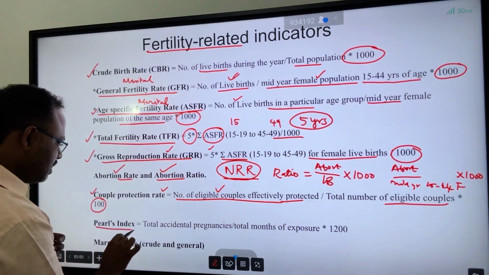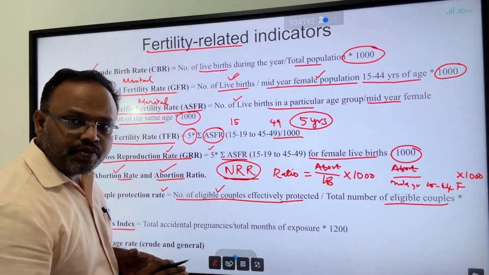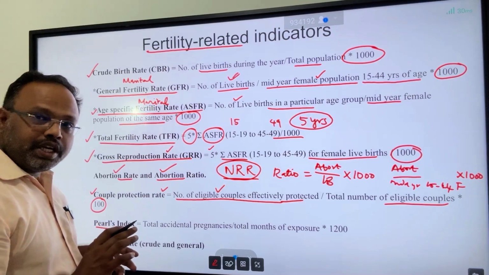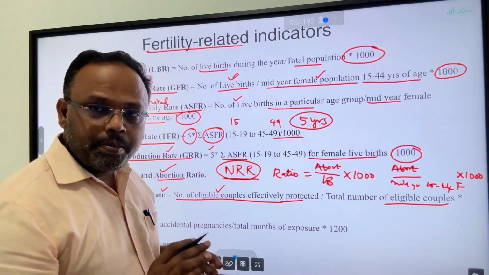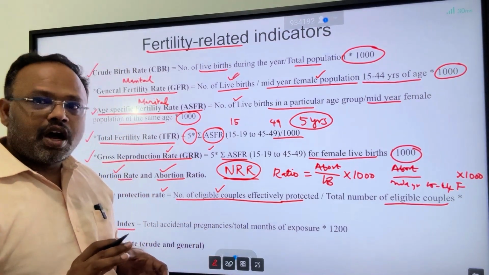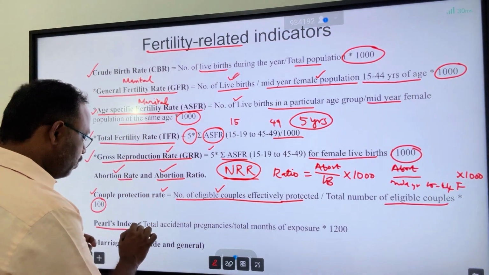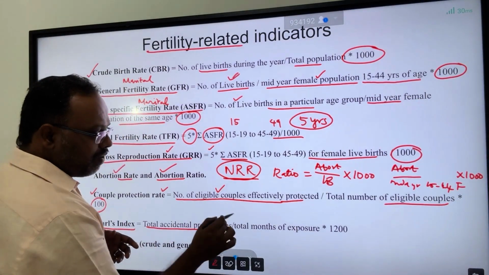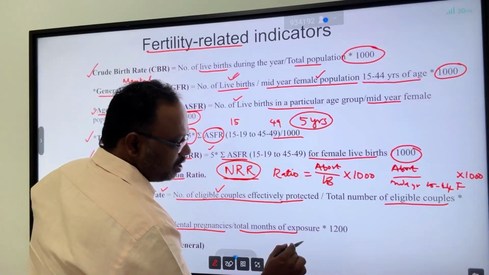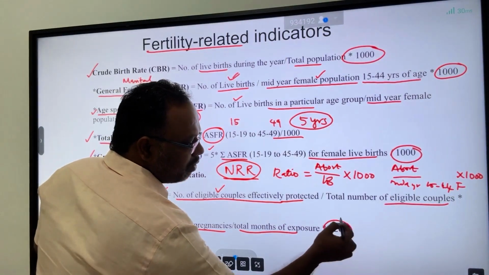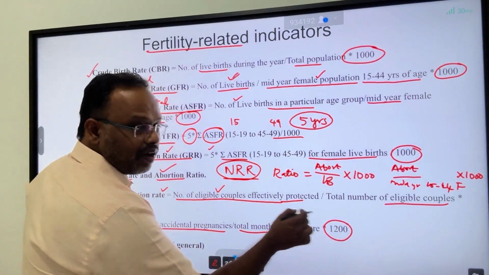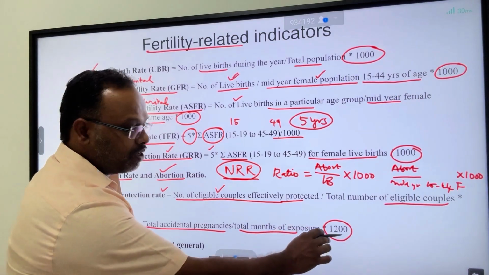Then we have Pearl's index, which is an indicator of effective contraception. It is otherwise called the failure rate per 100 woman-years of exposure. It is calculated with the numerator as total accidental pregnancies, divided by total months of exposure, into 1200, because we need to calculate it for 100 woman-years.